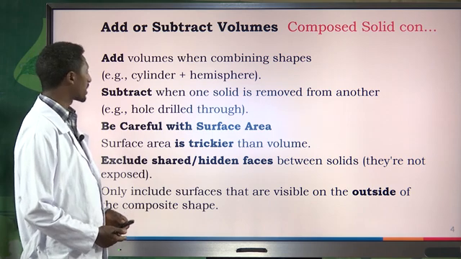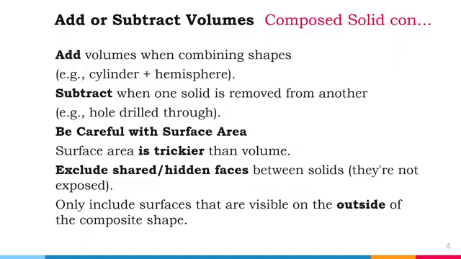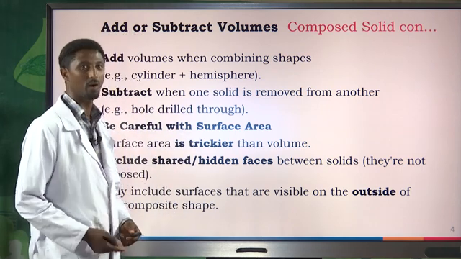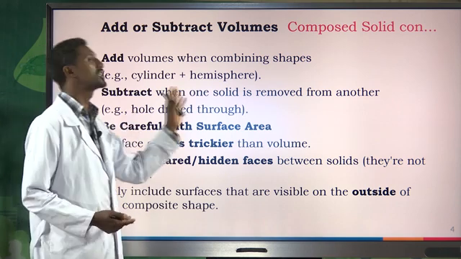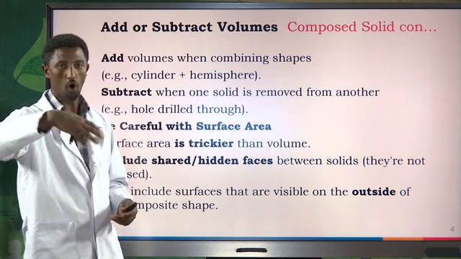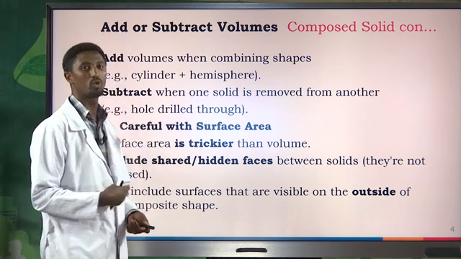And subtract when one solid is removed from another. In case of volume, we'll subtract when one solid is removed from another. Example, a hole drilled through. When some hole is drilled out from the other, we'll subtract the volume of that.